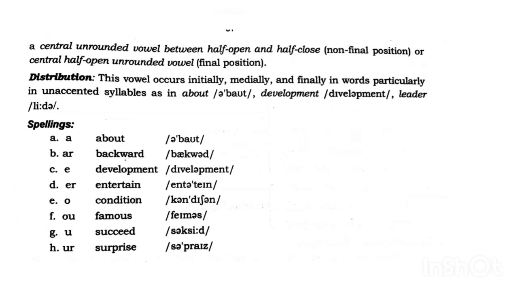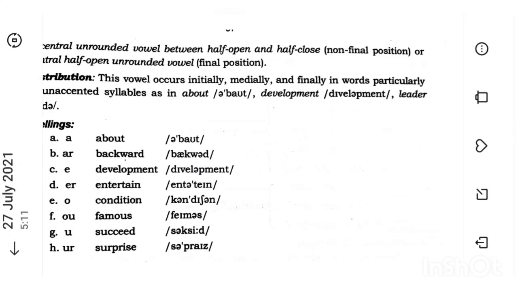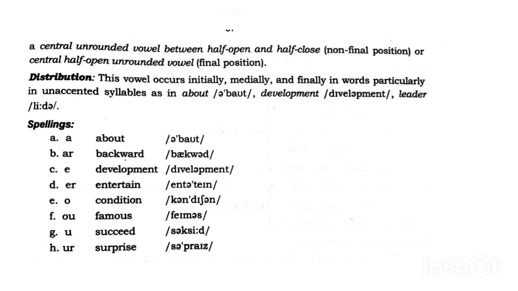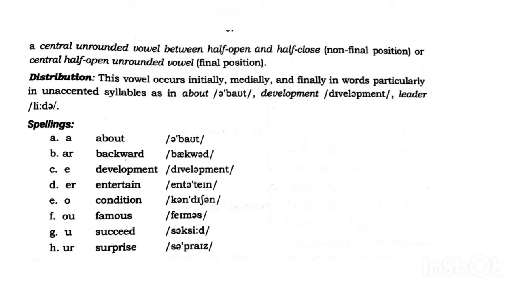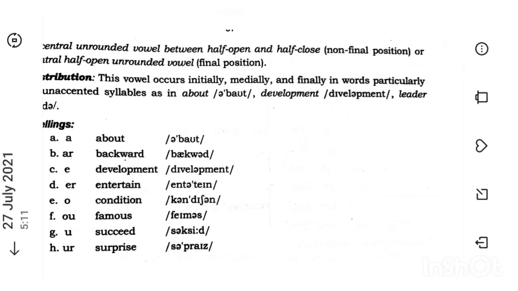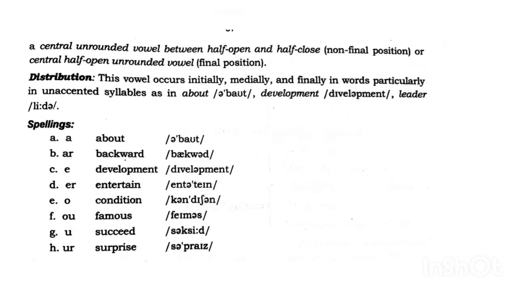So o stands for the sound ə. The next word, entertain: e and r, these two letters give out the vowel sound ə. Next word, condition. Here it occurs in two places. See, o in condition, here also. So o stands for the vowel sound ə.